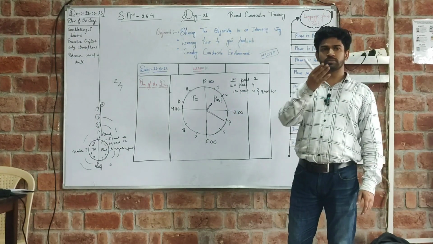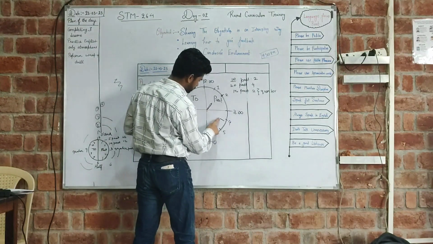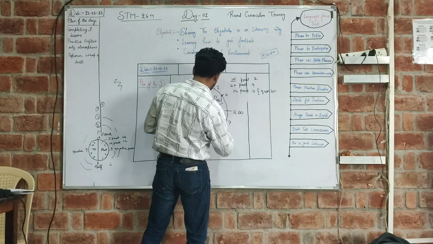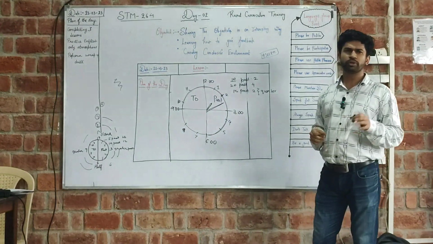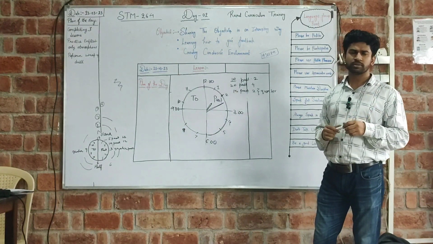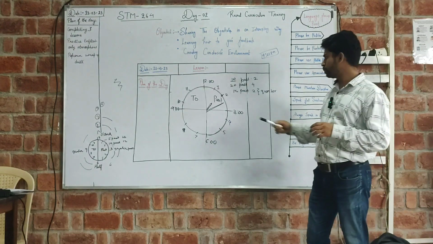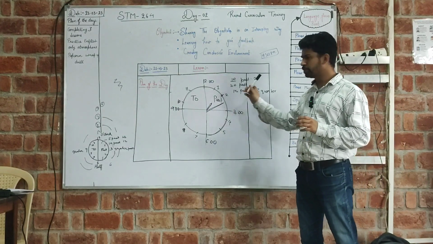Next is Vinita. What if this longer hand is here? What will be the time? No need to say the exact answer. We call it the minute hand. So it will be around 13 past 2.